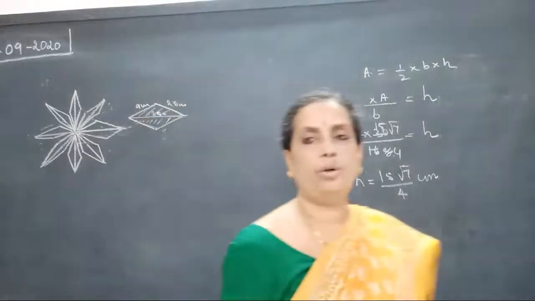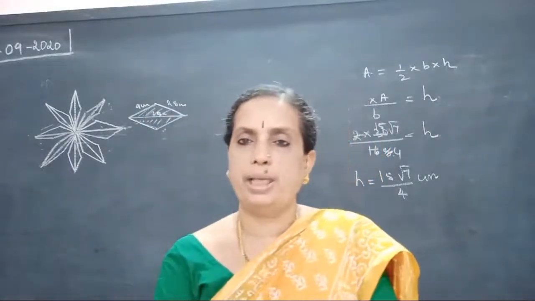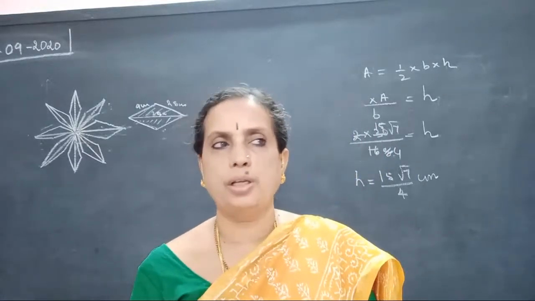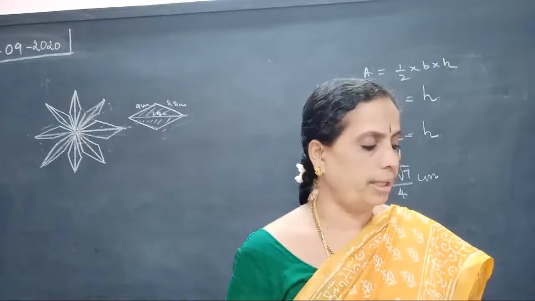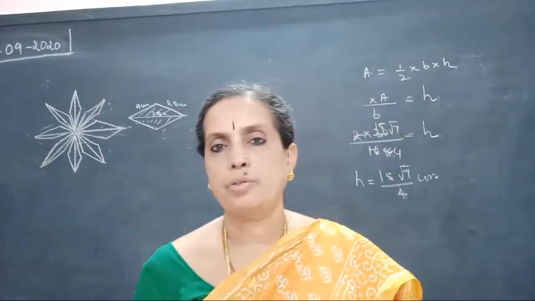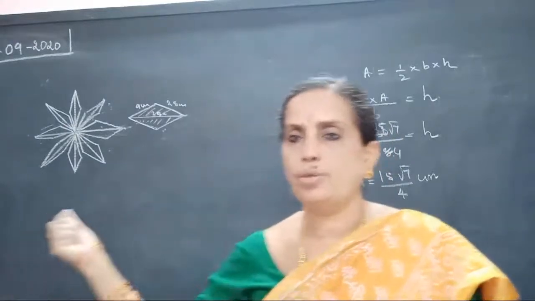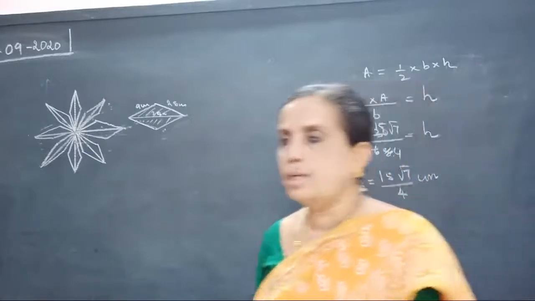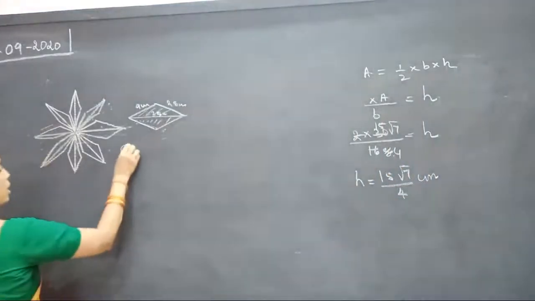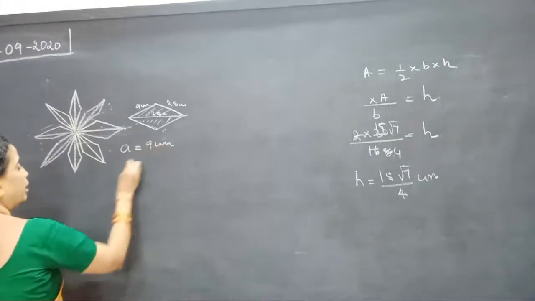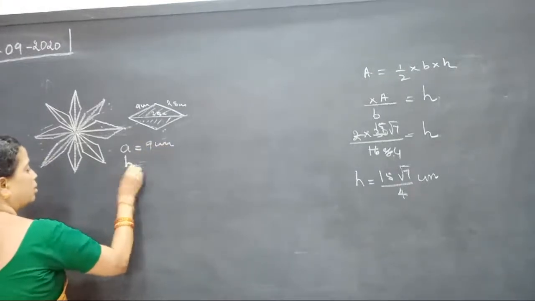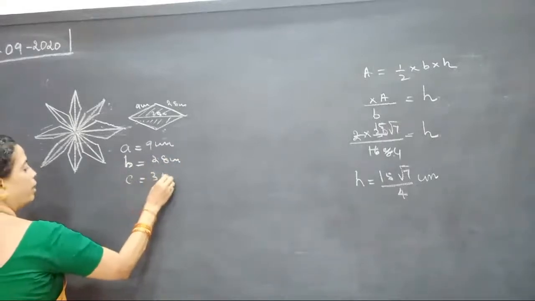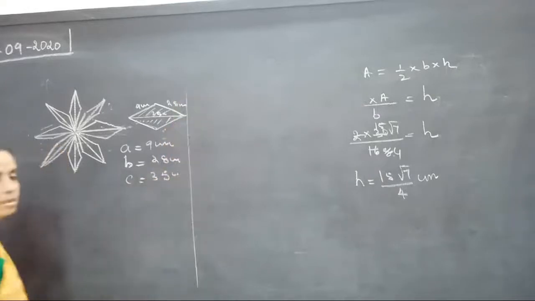Okay. If you find out the area of one tile into 16, later we have to find out the cost of polishing. I think the same type I included in the assignment also, finding the cost of fencing. Like that, here also we have to calculate the cost of polishing. So consider the 3 sides as A equals 9 centimeter, B equals 28 centimeter, C equals 35 centimeter as ABC.